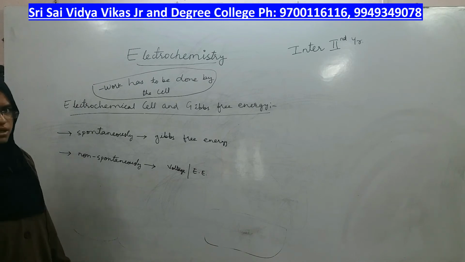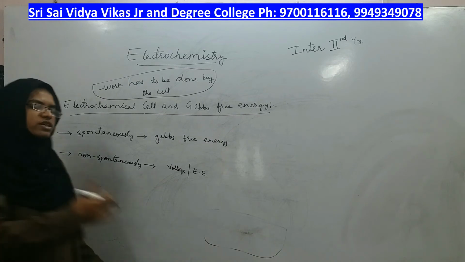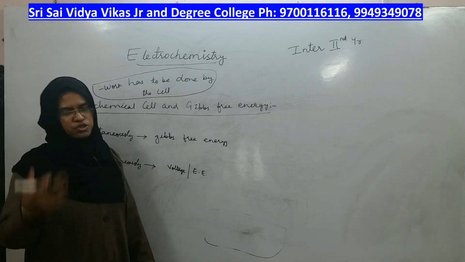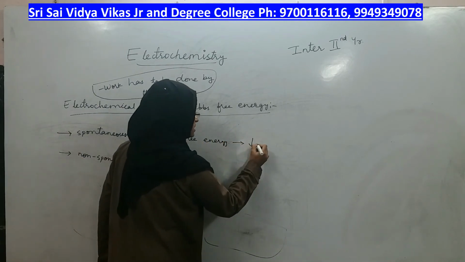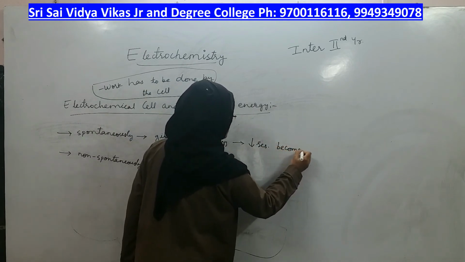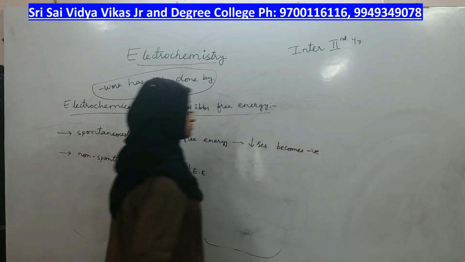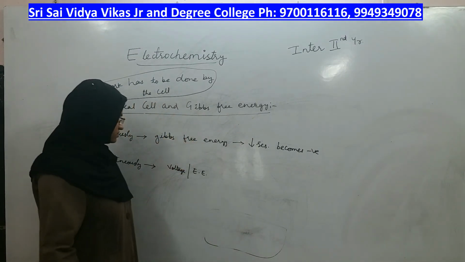No. If you are working without taking energy from outside, what happens? You will lose your energy. It decreases, becomes negative. Free energy becomes negative but the work will be done, right?